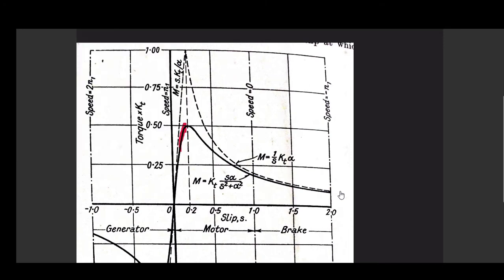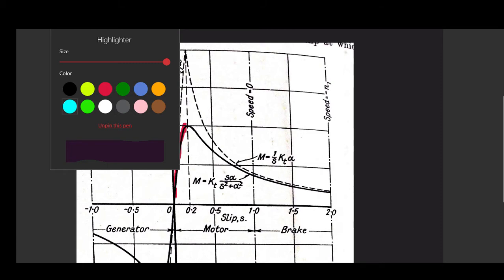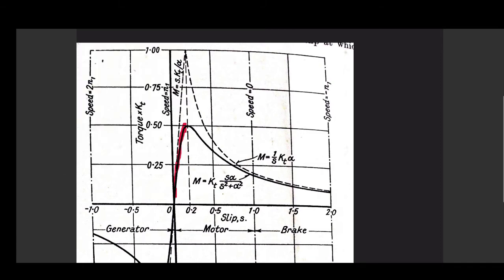This is your stable operating region, right? This is your unstable operating region, but your system still operates in motoring mode. At S equal to 1, it implies your motor is at standstill condition.